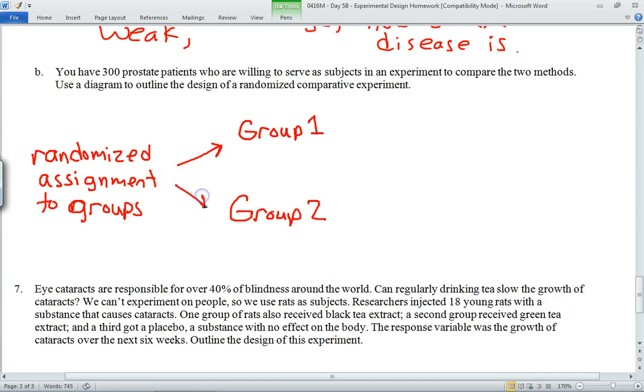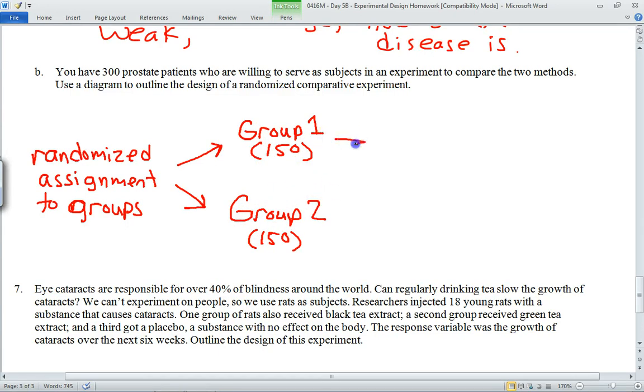If we have a total of 300 people, group 1 is going to have 150 people, and group 2 is going to have 150 people. But the original 300 were randomly divided up into these two groups.